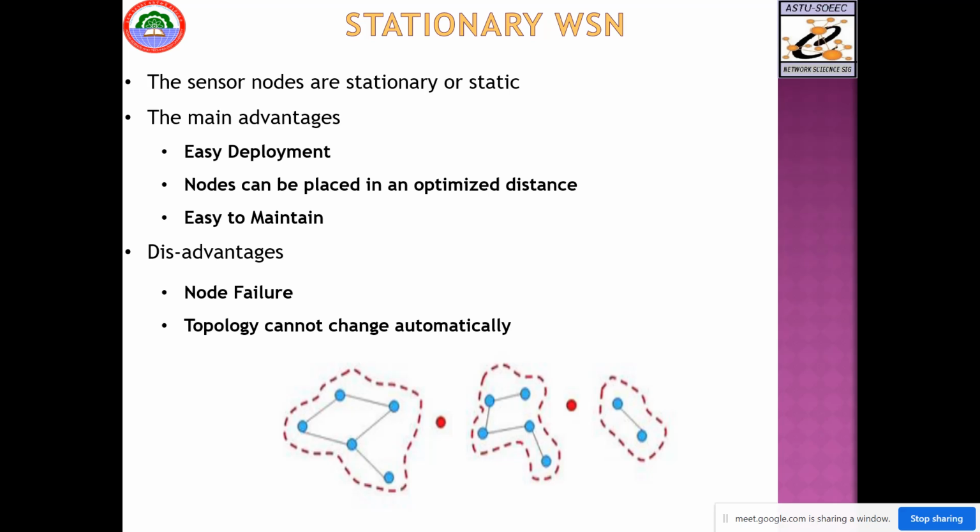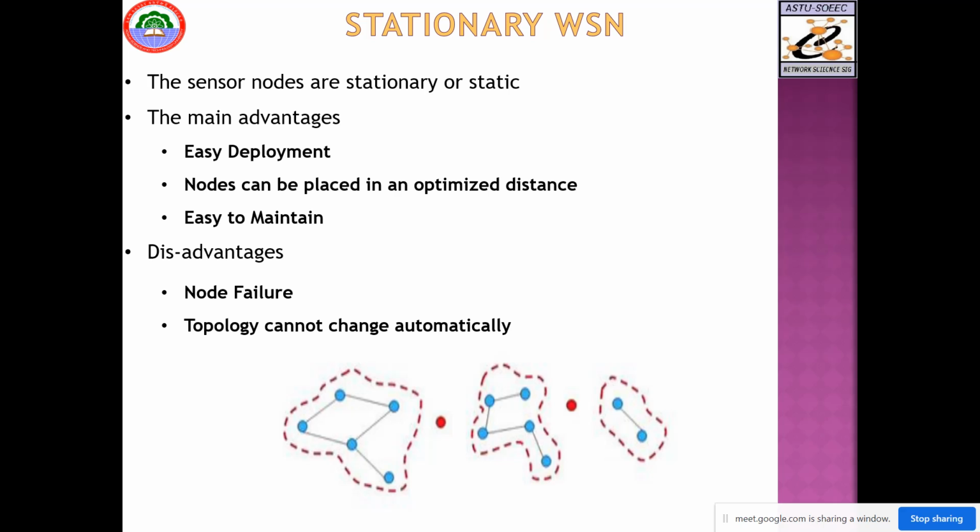So the data may not reach the corresponding destination node. As it is stationary, once the node is deployed, as we discussed, the topology will not change automatically. If you want to change the topology of that particular network, we need to have human intervention.